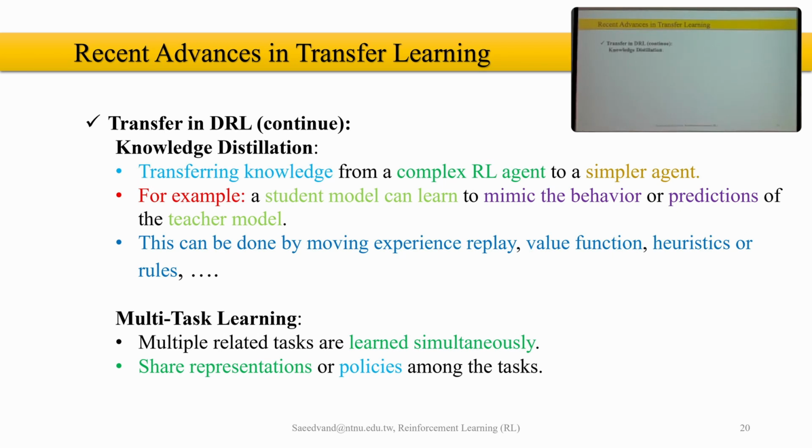And if you want to continue, knowledge distillation means that we want to transfer knowledge from a complex reinforcement learning agent to a simpler agent. For example, somebody is teaching you something very complex and you want to quickly mimic it, abstract it and say exactly the same thing.